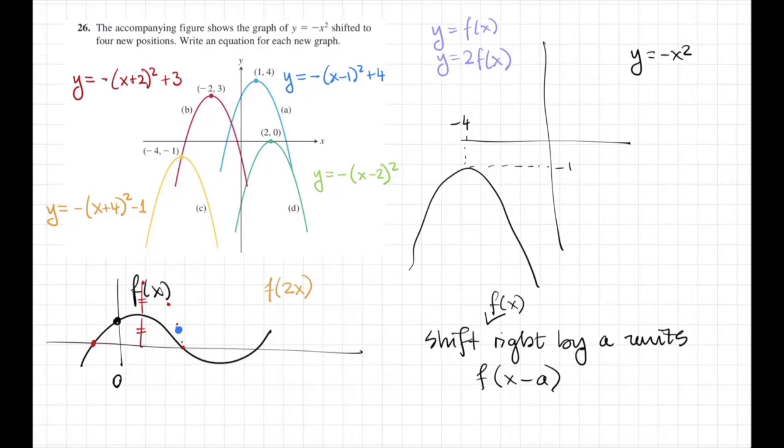This will correspond to squeezing your function along the x-axis, with the same value at x equal to 0. This was f(x). Let's say this is 1 and this is 2.